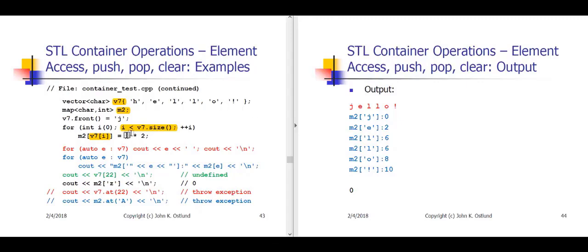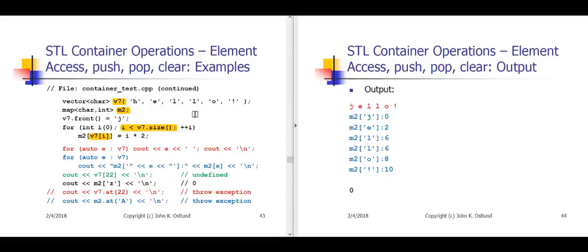So the first time through the loop, i is 0, v7 sub i is the little j that is now the first element in v7, and so when I say m2 sub little j, since m2 is empty, that's going to create a pair in m2 with a key of little j and a value of the default for int, so the value will be 0.